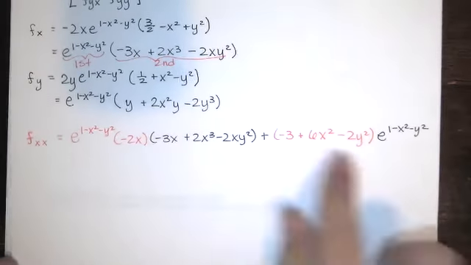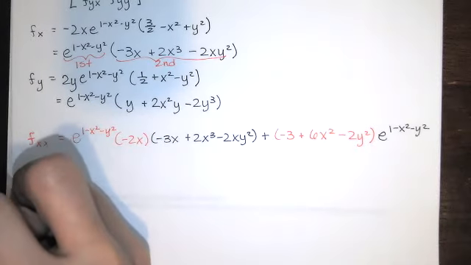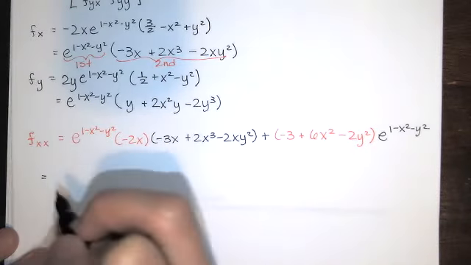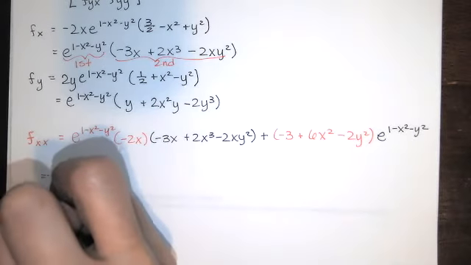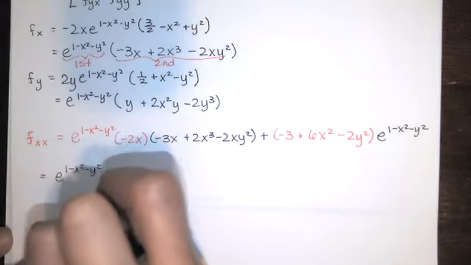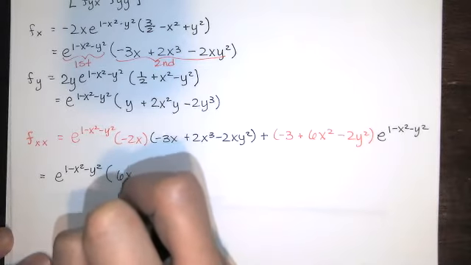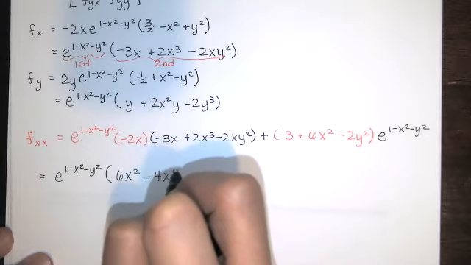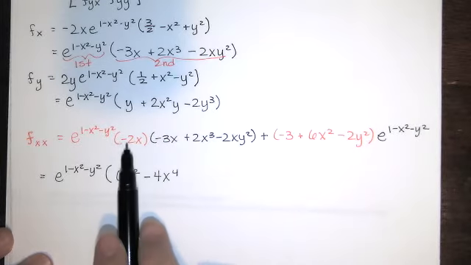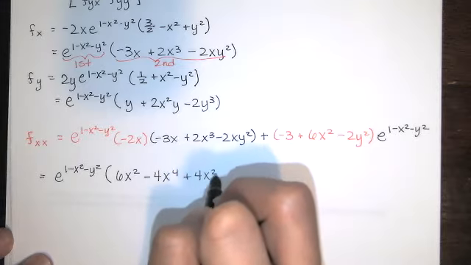Okay, factor out that exponential. And distribute the negative 2x here of 6x squared and negative 4 x to the 4th. Negative 2x times this is going to be positive 4x squared y squared.